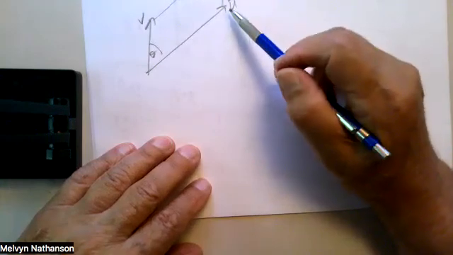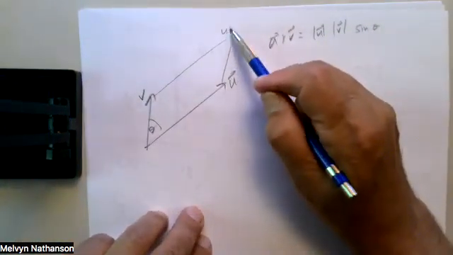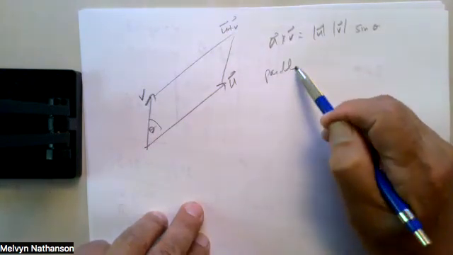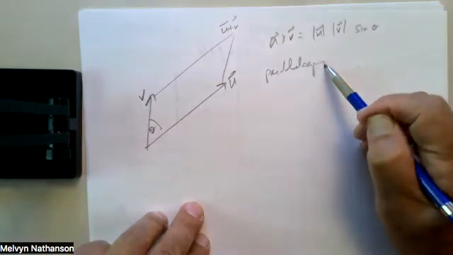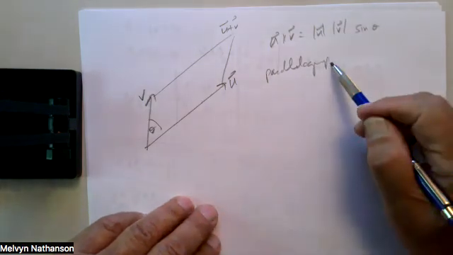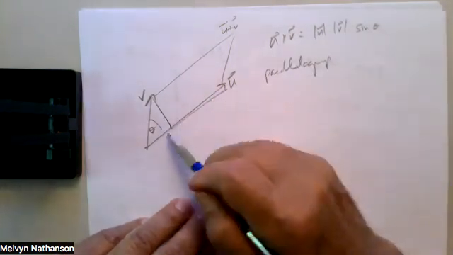Suppose I make a parallelogram whose sides are u and v. So what is the area of the parallelogram? It's the base times the height.